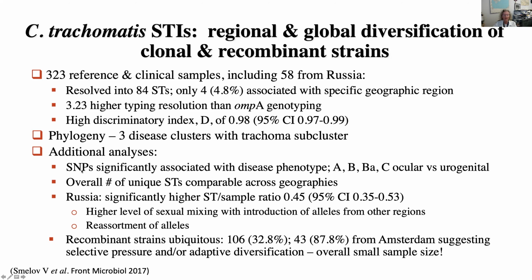And again, we found that we had SNPs that significantly associated with disease phenotype. And also what was interesting is we could differentiate ocular versus urogenital MLST strains, where the OMP genotypes looked to be ocular, but in the urogenital cases, the MLST was clearly urogenital, for example, a D, an E, or an F. So overall, the number of unique STs that we found were comparable across geographic locales.